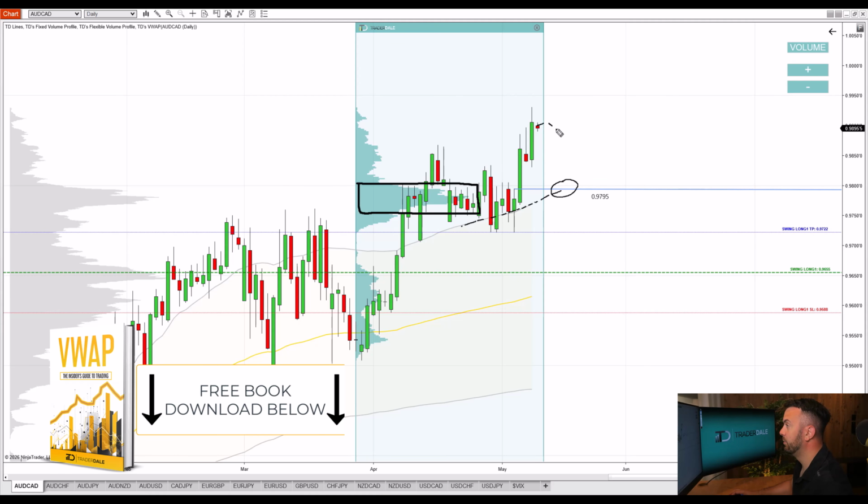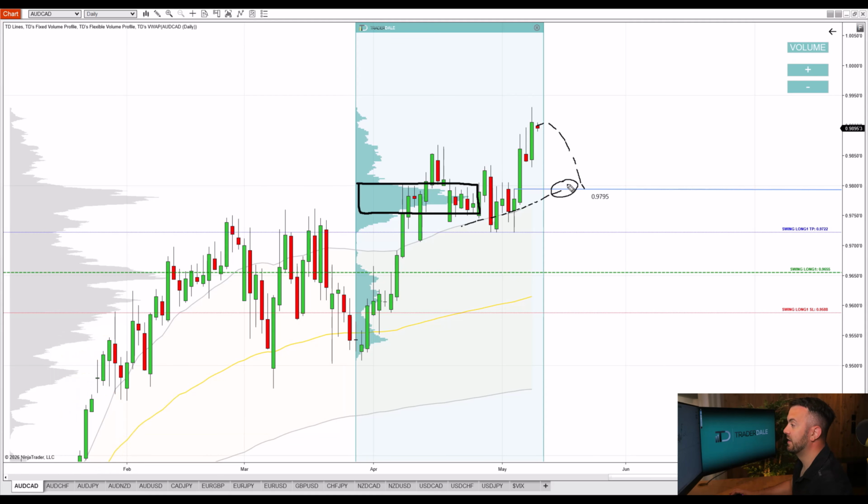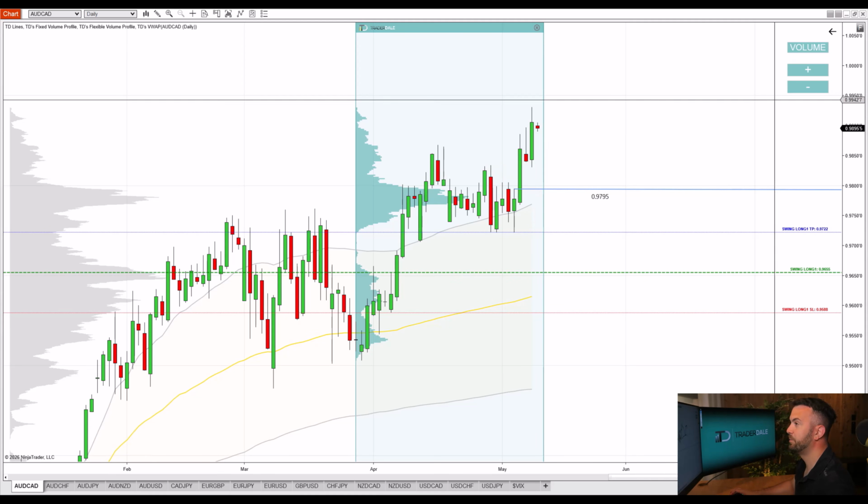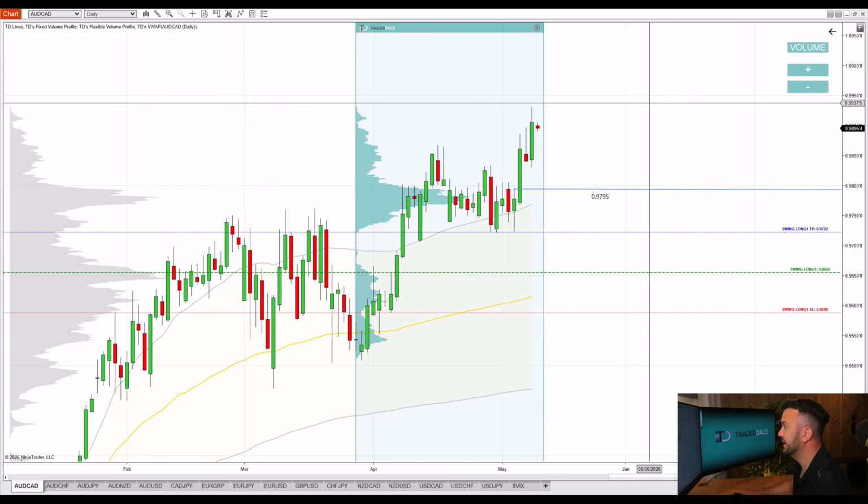So if the pullback occurs soon, then the first deviation still should be close and should add strength to that level, because when the price is trending, it likes to react to that first deviation. You can see it, for example, here or here, and hopefully here as well.